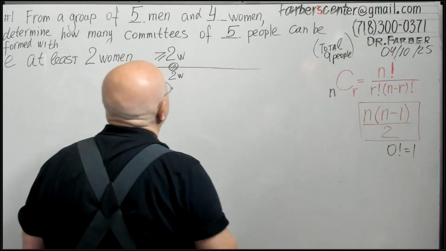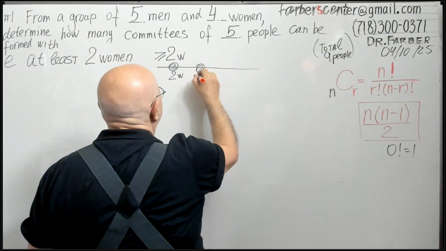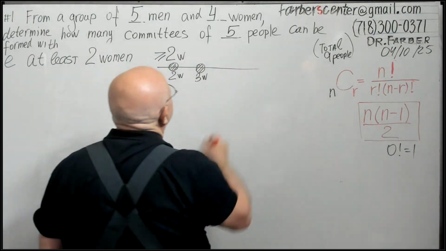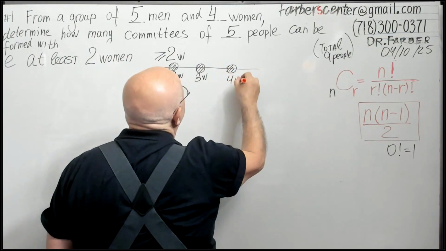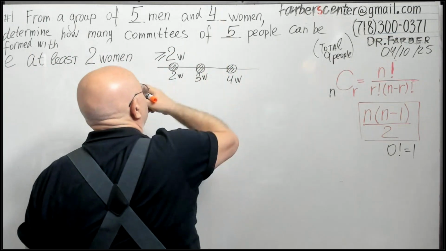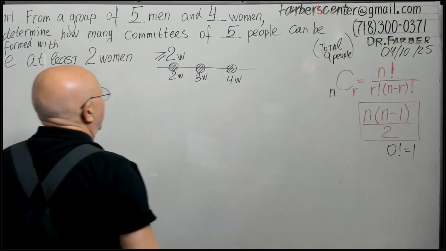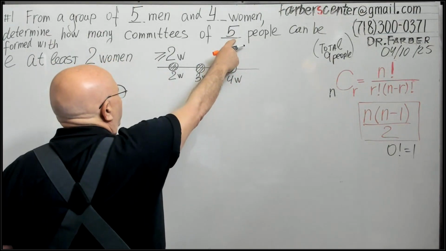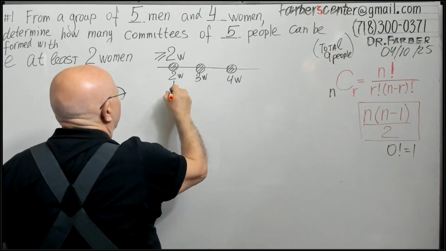Can I have 3 women? Yes. Can I have 4 women in this set? Yes. Can I have 5? No, because we have only 4 women. What about men? If we have 2 women and our goal is to have 5 people, I assume that we need 3 men.